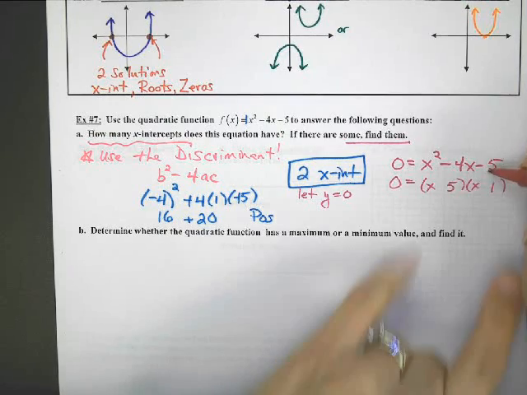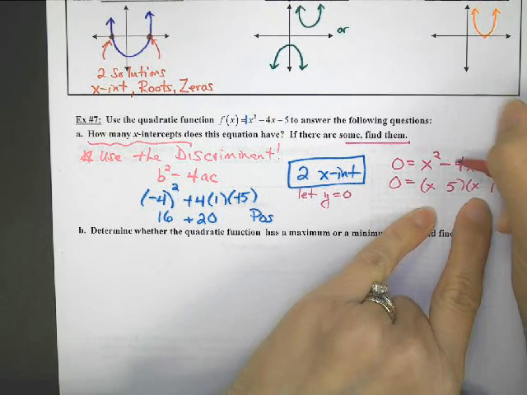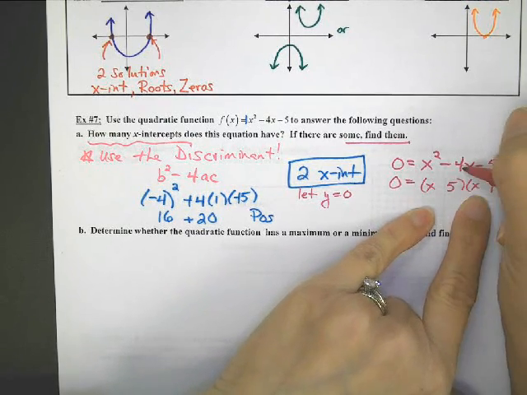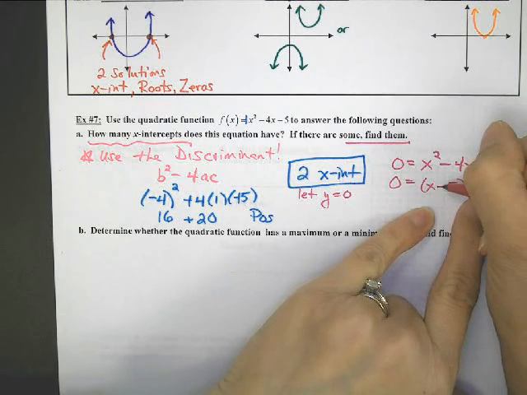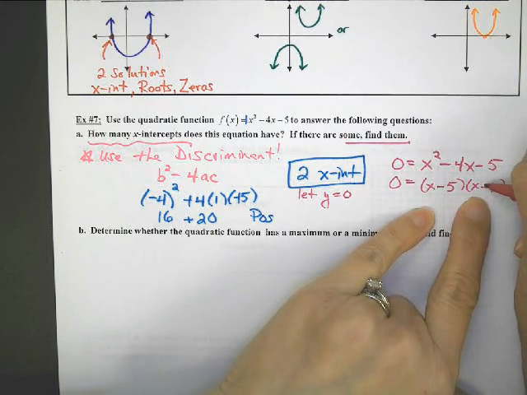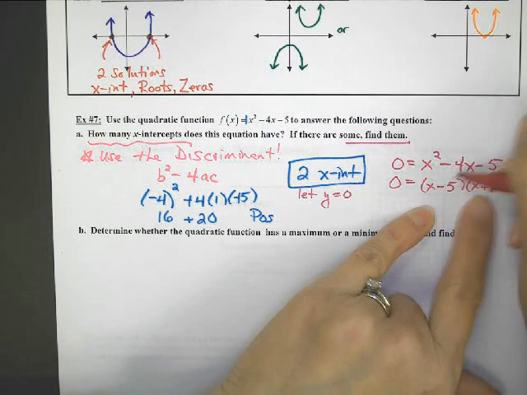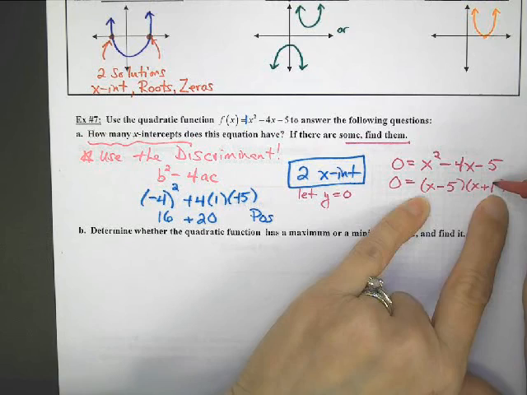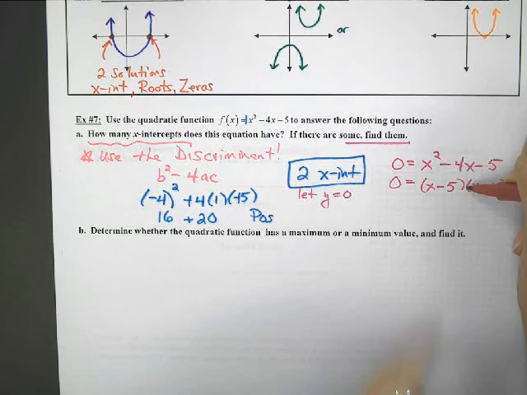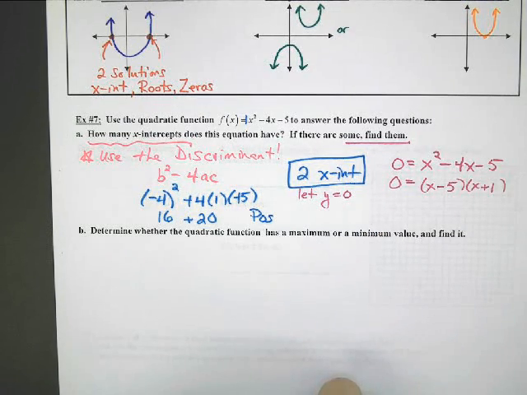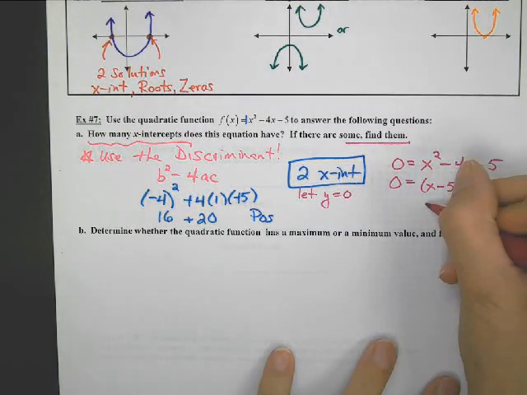Now I have to make a negative 5, so one of them is going to get negative. My middle needs to have more negatives than positives, so if I put the negative and the positive, does that work? X squared? Yes. Outers 1x, inners minus 5x. That's looking good.